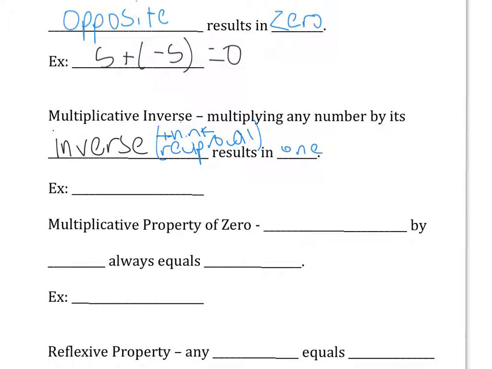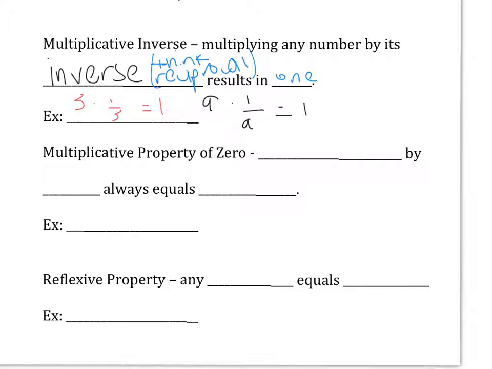An example of this would be 3 times 1/3, that equals 1. Or for a variable, I could write a times 1 over a equals 1 as well.